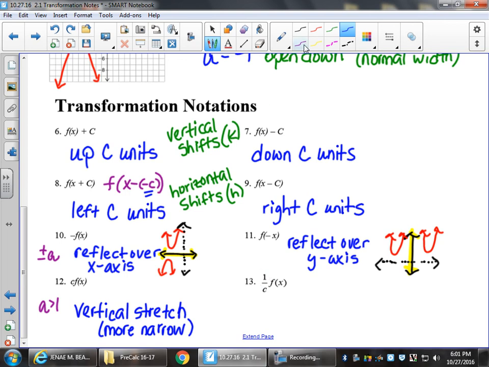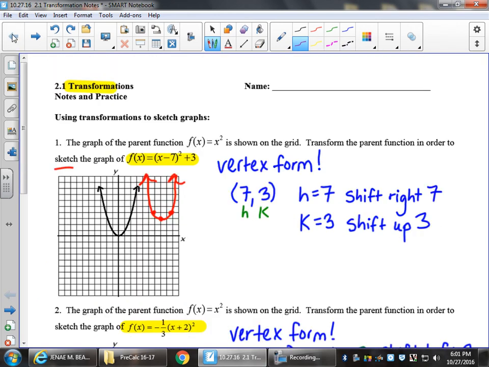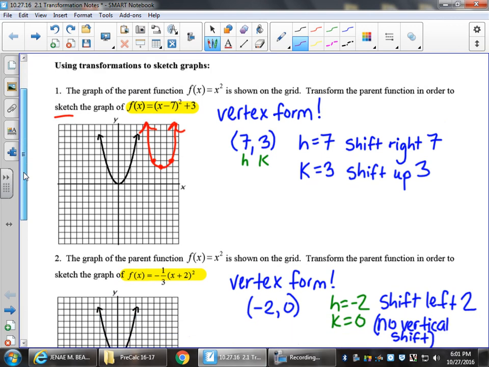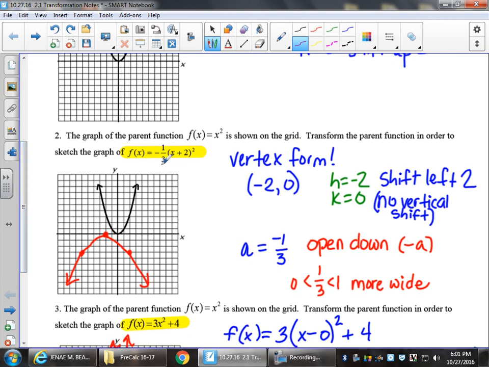One divided by C is generalizing when our A value is a fraction, between 0 and 1. To make a connection to one we've done, look at what happened to the graph in number 2. Here my A value was 1/3. If I just look at the absolute value, remember positive and negative just affects opening up or down.